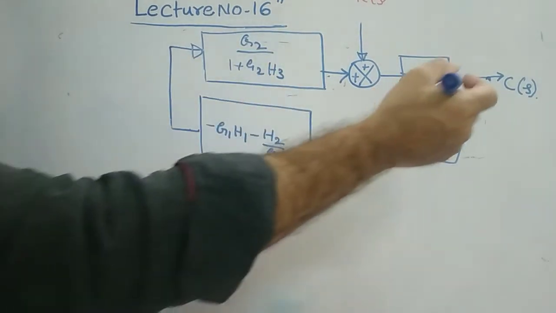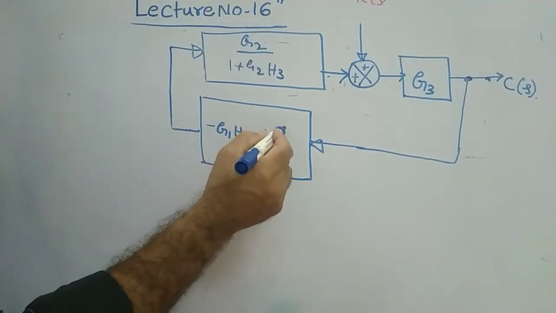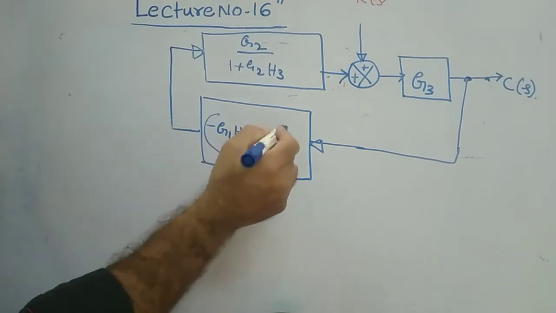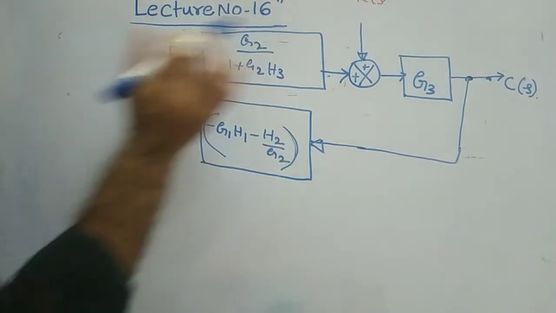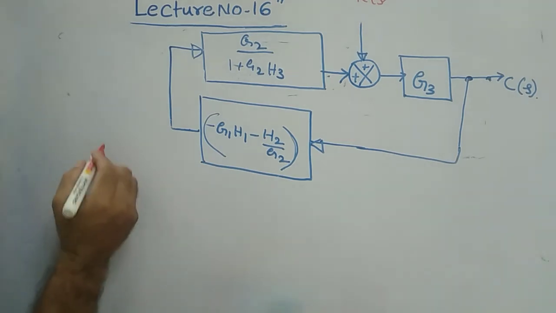Now again in this feedback loop, these two will be multiplied, and then simplify. What will be your answer? You simplify that, what will you get? I will solve it for you here. Carefully see.